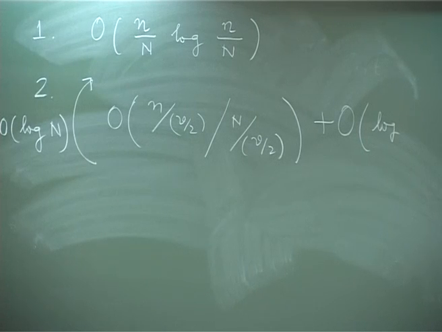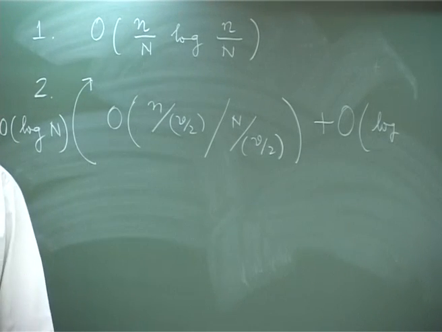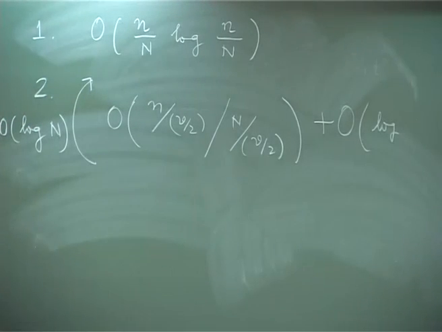CREW model. N by n plus log n by n plus log n.